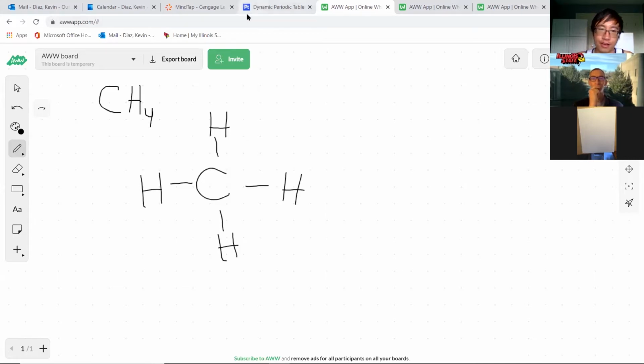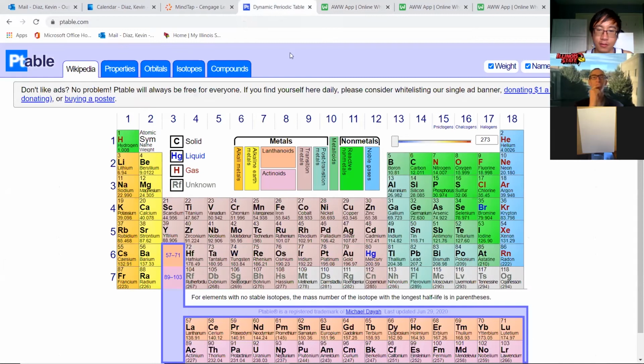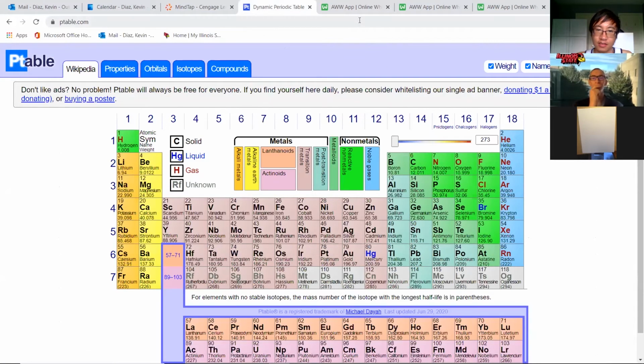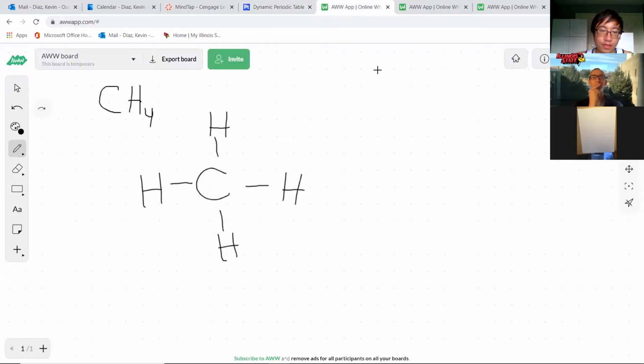So if we look at the periodic table, we know that carbon has 4 valence electrons. We know that in Lewis structures, every element except hydrogen has to have a complete octet. And so there are certainly 8 electrons around this carbon.